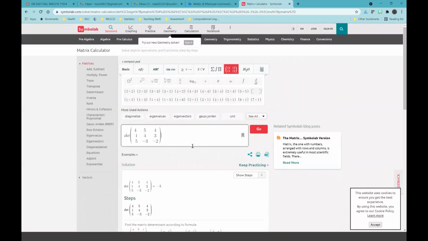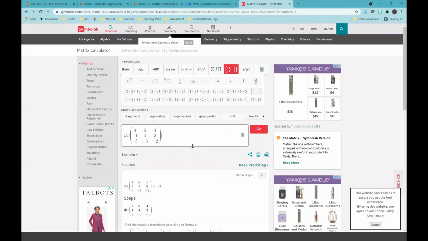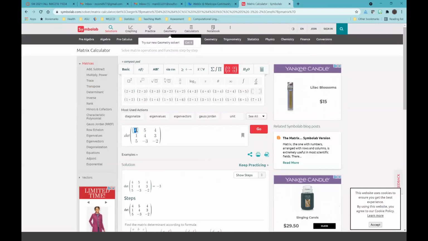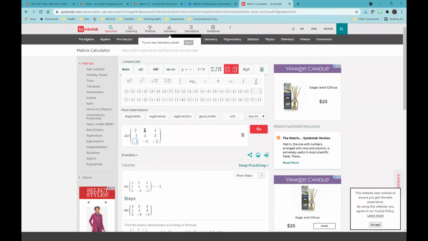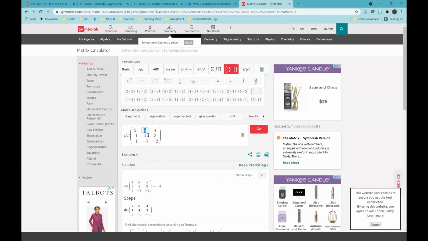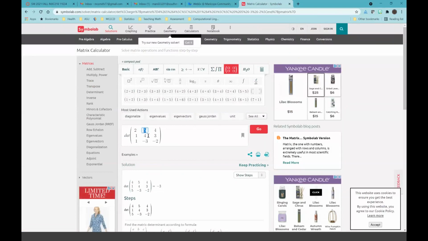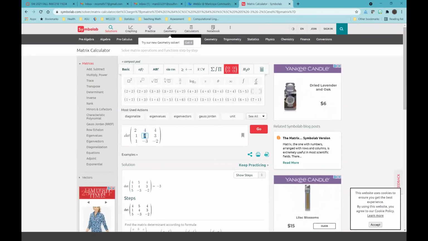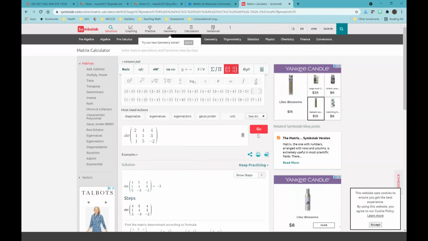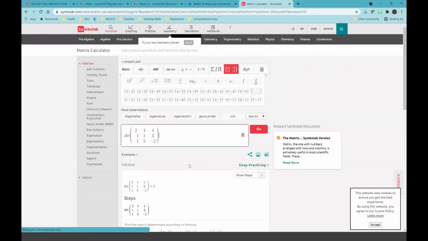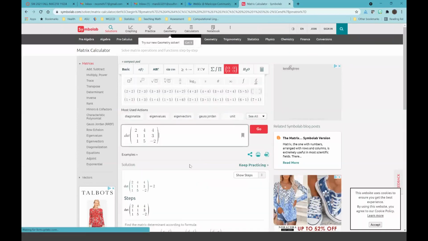So d sub x is -3. I'm going to put back what was in that originally, which was 2, 1, 1. And I'm going to replace the middle column, the y column, with 4, 1, 5 to find the determinant of y. The determinant of y is 2.